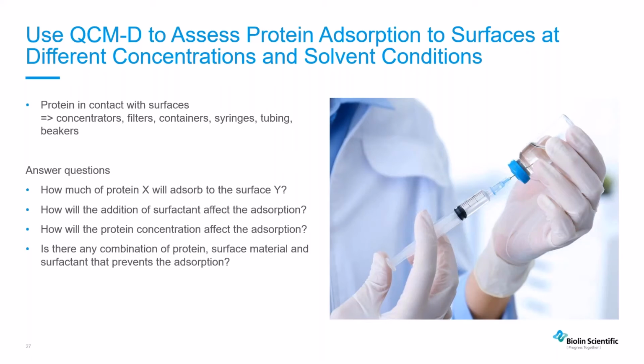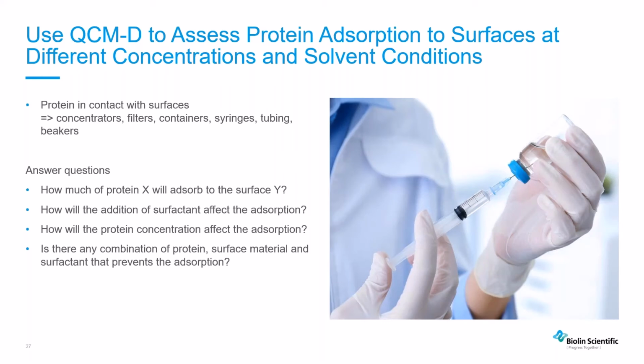When proteins get in touch with different surfaces, they may attach, so you have some protein fouling basically, and you lose your valuable, precious protein material. And this is of course not very favorable. You would like to find a combination or a setup where you lose as few protein molecules as possible.